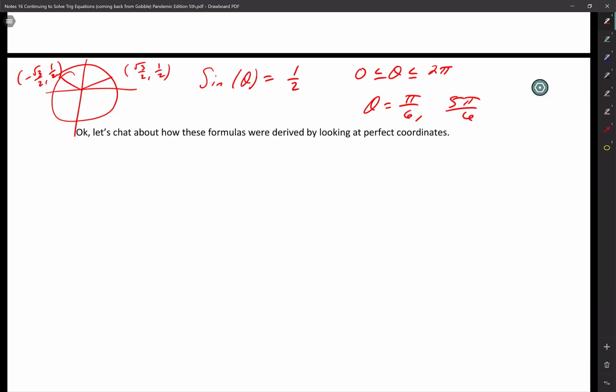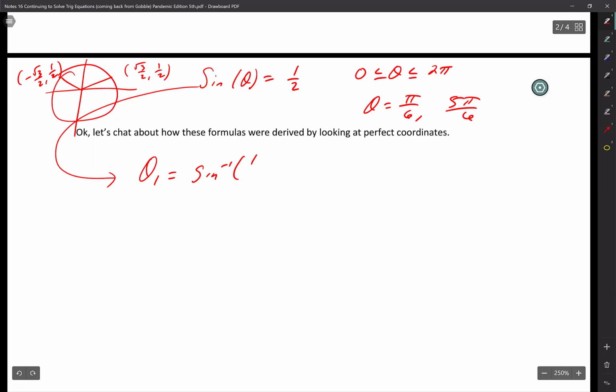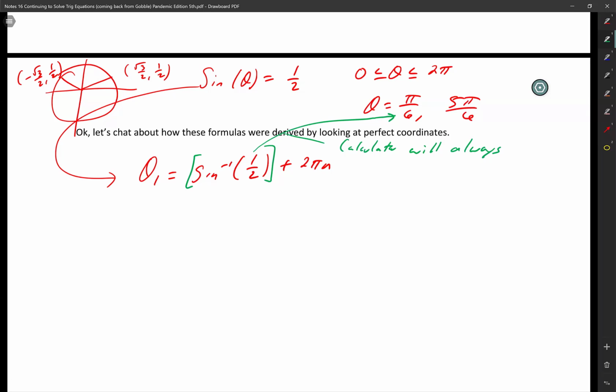If you were to solve for theta, and I'm going to type theta 1, if you were to go inverse sine of a half, or you can say the word arc, and then plus 2 pi n. This that I have in green, the calculator will always spit out the pi over 6. Now, if you have a super fancy CAS, it might give you the 5 pi over 6.